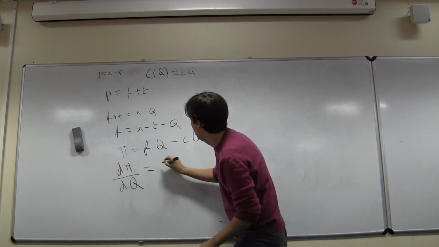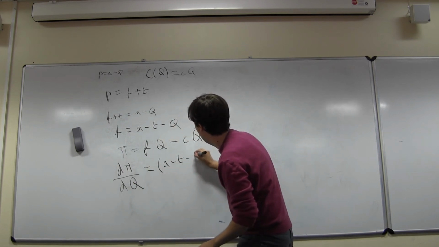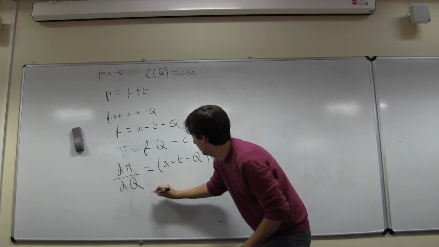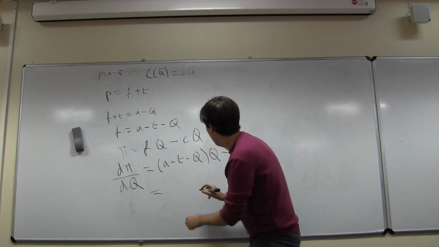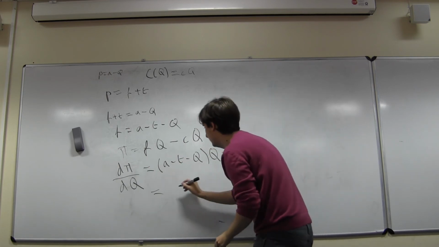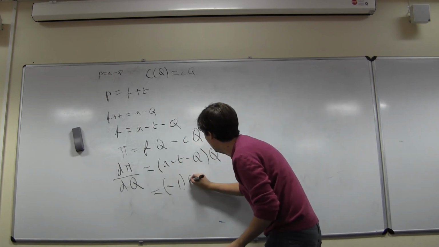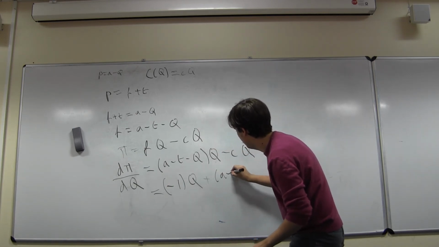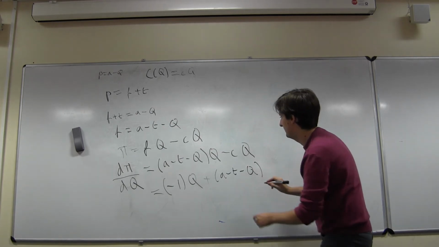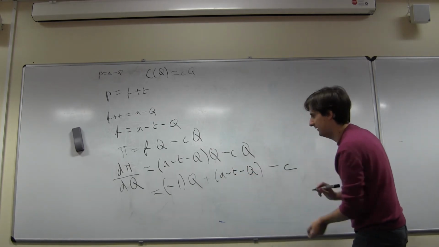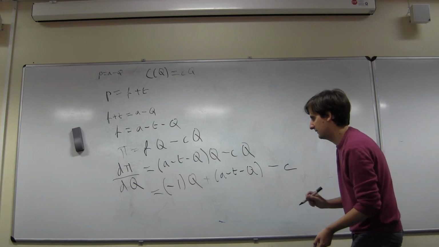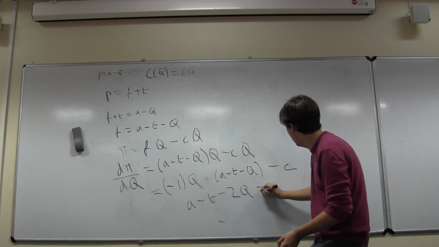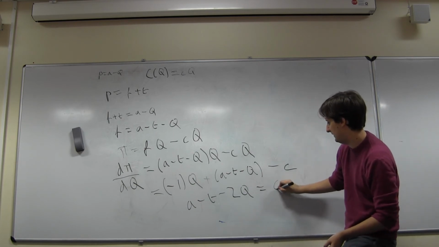Here we have A minus T minus Q times Q minus C of Q. I'm going to go quickly now. Using the product rule again, this is minus 1 times Q plus A minus T minus Q times 1, minus C. So this is A minus T minus 2Q is equal to C.